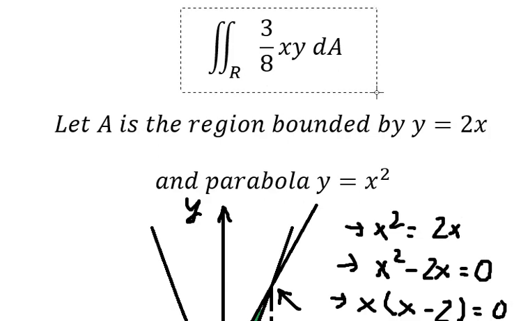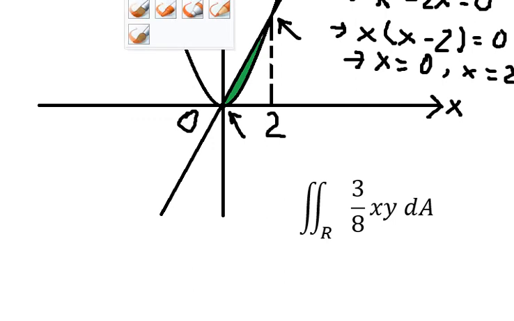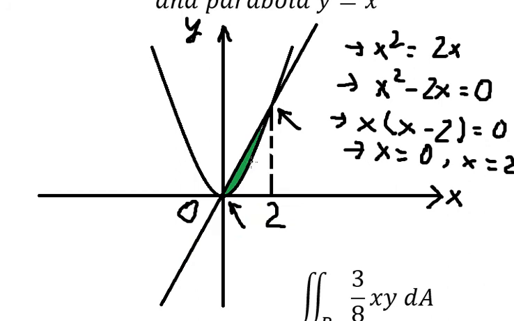Now we have the double integral in here. So we can put the bounds for dy. We see that this one is y equals x squared. This one is y equals 2x.